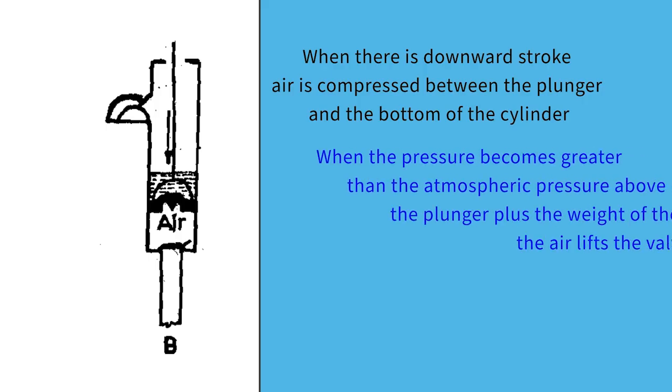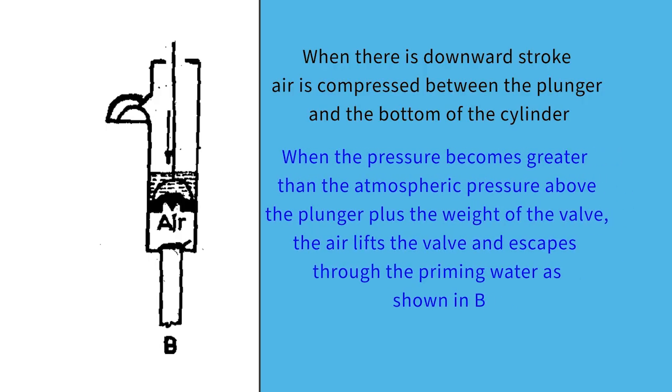When there is a downward stroke, air is compressed between the plunger and the bottom of the cylinder. When the pressure becomes greater than the atmospheric pressure above the plunger plus the weight of the valve, the air lifts the valve and escapes through the priming water, as shown in figure B.